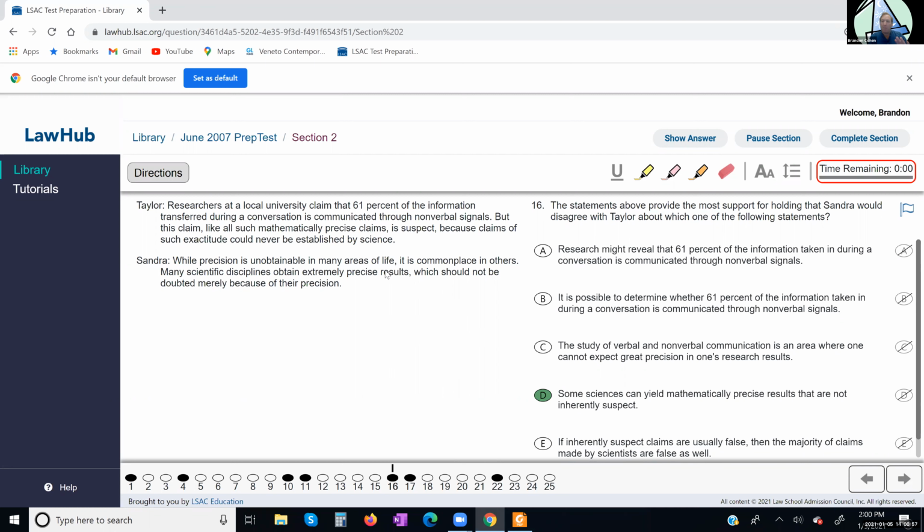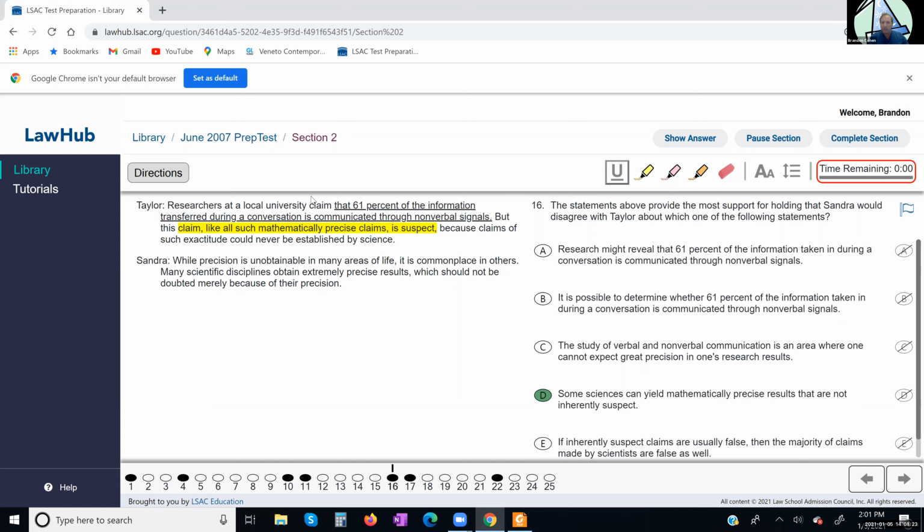Now, going into this one in particular, when we're reading Taylor's argument here, Taylor's conclusion is this claim, like all such mathematically precise claims, is suspect. Okay, what is this claim? The claim that 61% of information transferred during a conversation is communicated through nonverbal skills or signals.